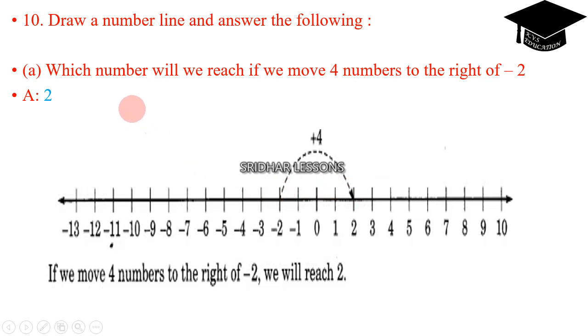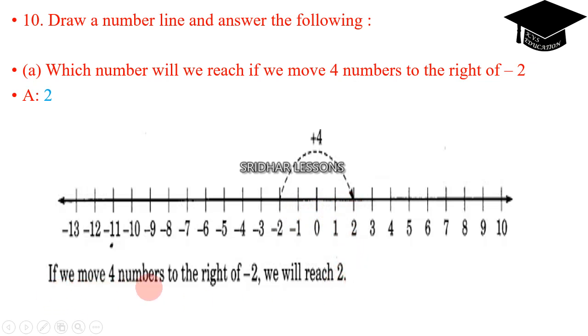Now the question is, which number will we reach if we move 4 numbers? So 4 positions: 1, 2, 3, 4. What is the number here? If we move 4 numbers to the right of minus 2, we will reach 2. First position, second position, third position, fourth position.